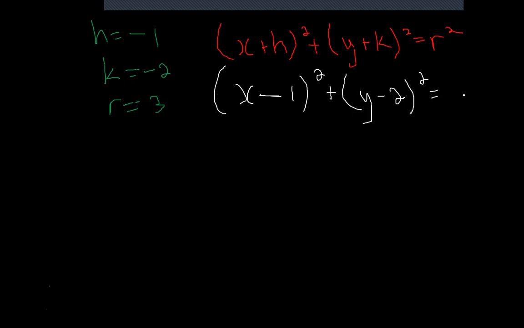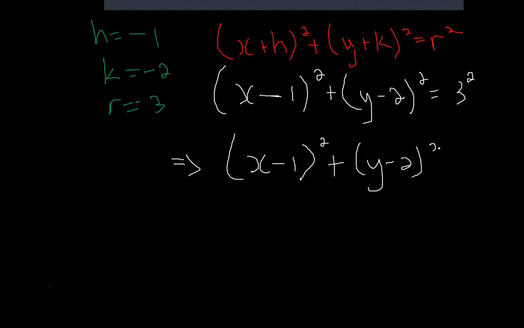And we know r is 3, so 3 squared. And that's why my final answer is this: (x minus 1) squared plus (y minus 2) squared is equal to 9.